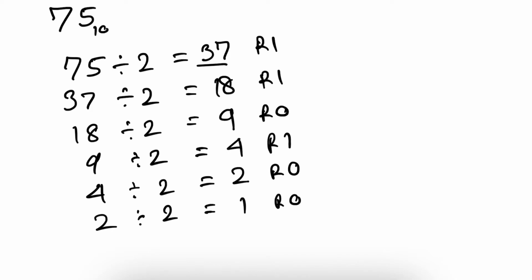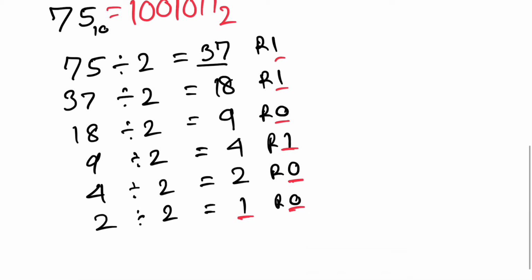We got the result, and here is the most significant bit. So we will get the 1 from here, and then 0, 0, 1, 0, 1, 1, which is the binary number.